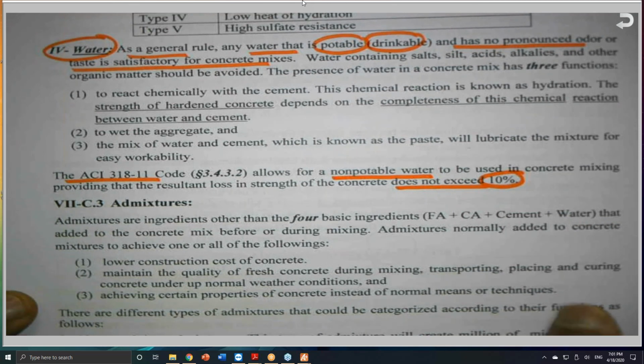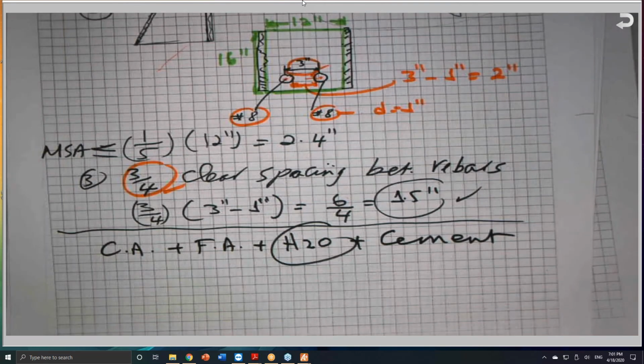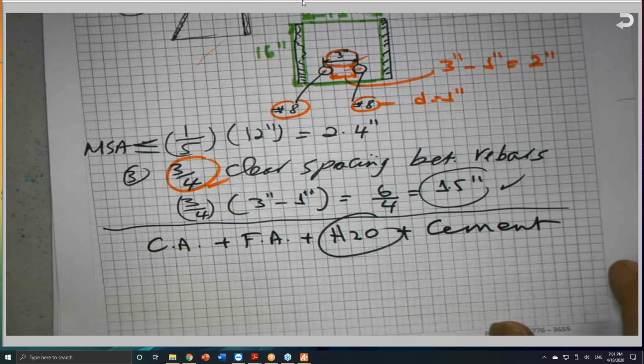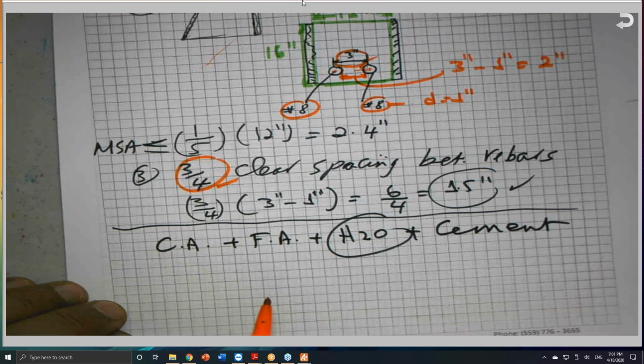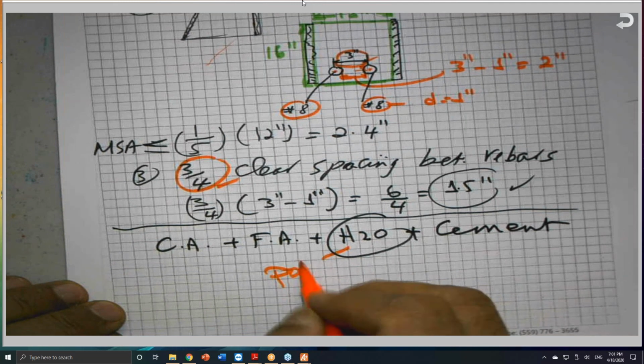So we are not allowed to lose more than 10% of the strength of the concrete if we use any source of water other than potable water. And this is something very, very important.